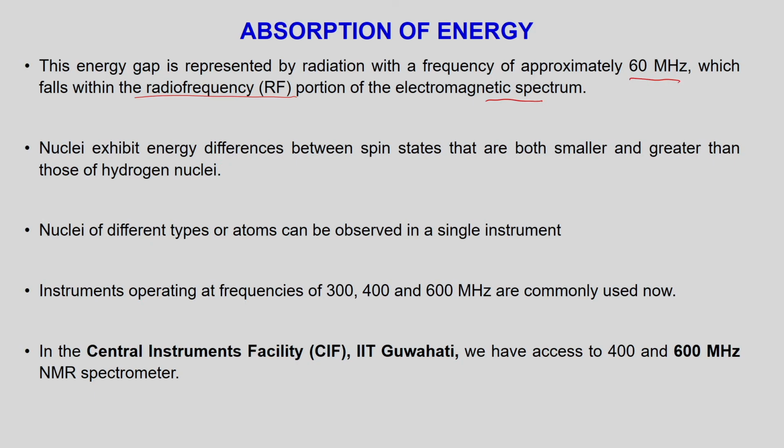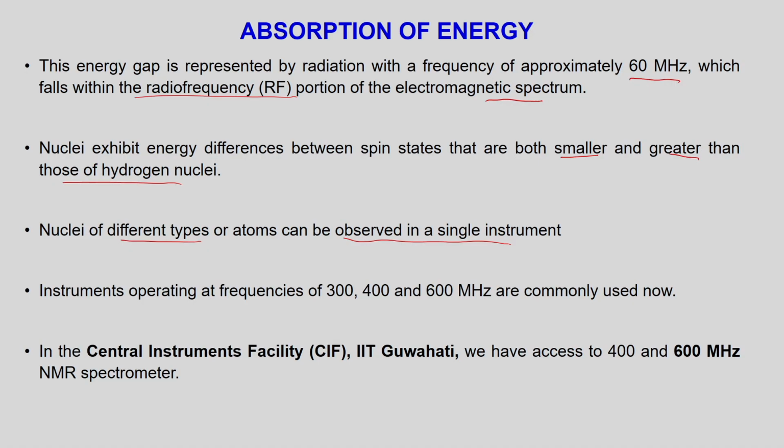Nuclei exhibit energy differences between spin states that are both smaller and greater than the hydrogen nuclei. Nuclei of different types of atoms can be observed in a single instrument. Nuclei may be connected in different chemical environments: some may be connected to an electronegative atom, some to a carbon atom, some to itself. That is why different nuclei absorb in different regions.